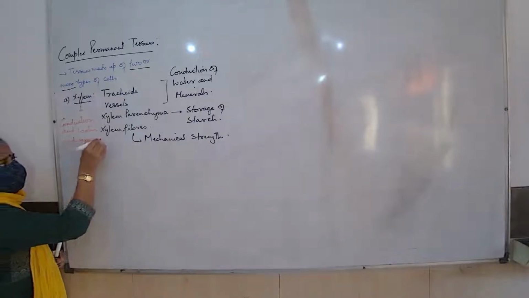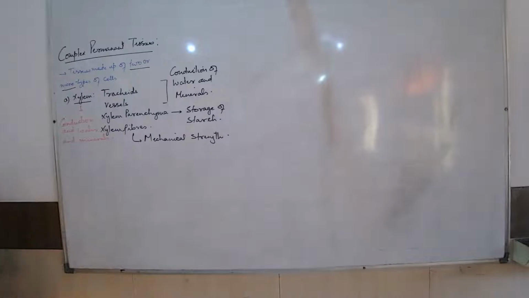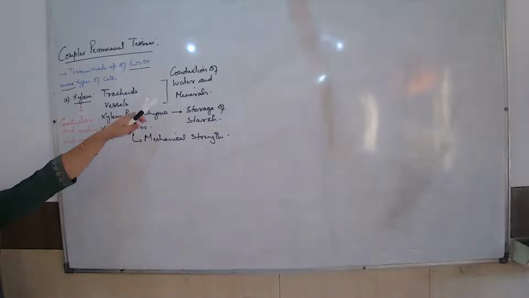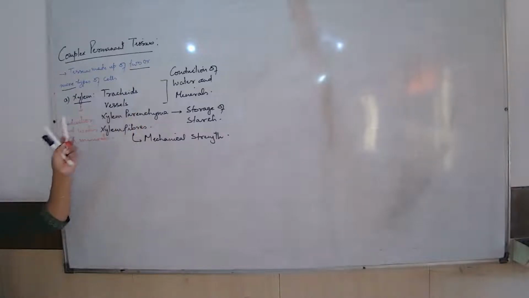The conduction of water and minerals is the specific function of tracheids and vessels. And overall, whenever you are asked to write the function of xylem, that is what you are supposed to write.